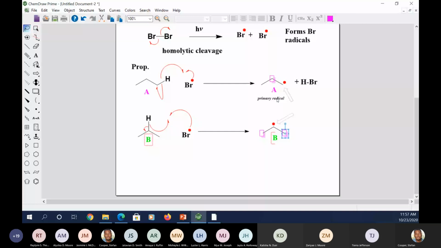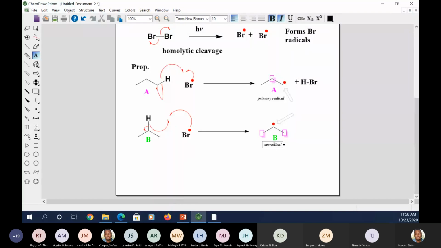All right, so now this is going to help me determine which product is going to be the major. The major product will always come from the major intermediate. And for this reaction, the intermediate is a radical. We taught last class, there are four reactive intermediates: carbocations, radicals, carbanions, and carbenes. Every reaction that you have learned this semester will have one of those intermediates for carbon. The most stable one will always lead to the major product.